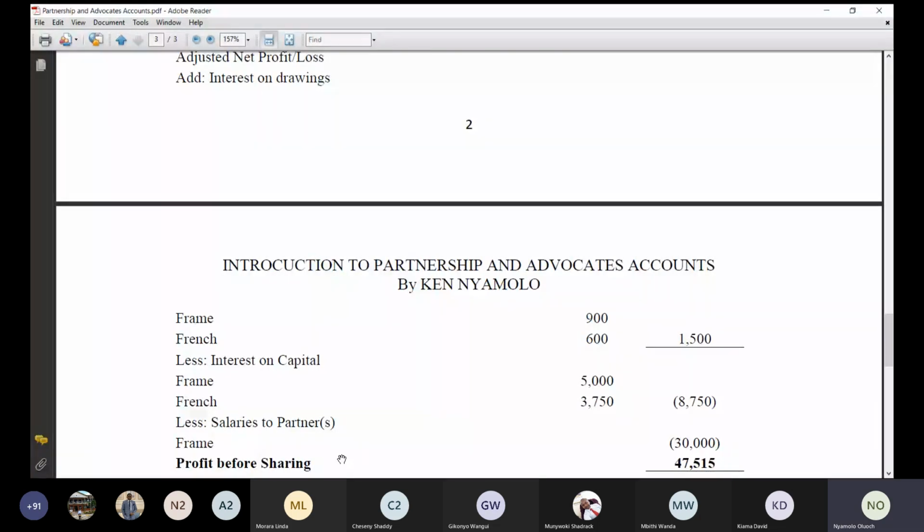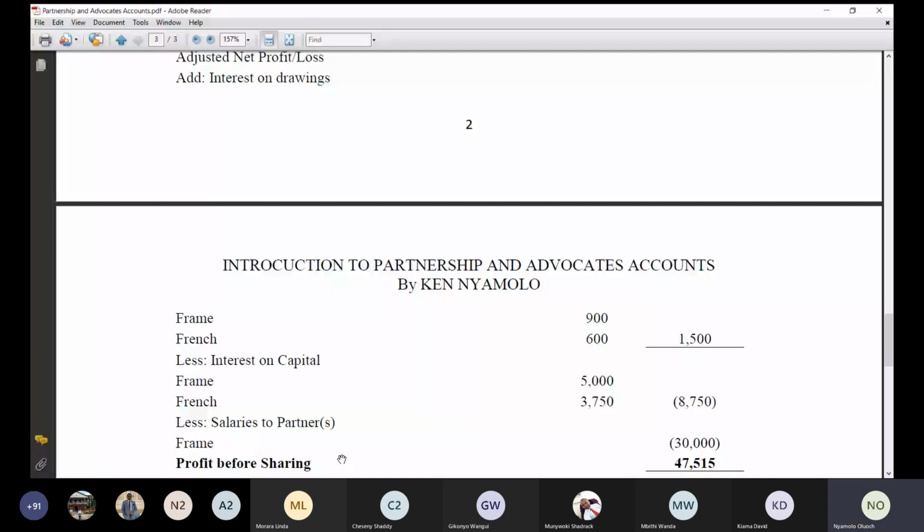For us to ensure that Linda doesn't complain that he brought a lot of money, or Wendy doesn't complain that he brought a lot of money, and we are sharing the profits equally, we will give him interest on their capital. For the business, it's an interest, it's an expense. We are paying for that. That is why we are adjusting it as a negative.